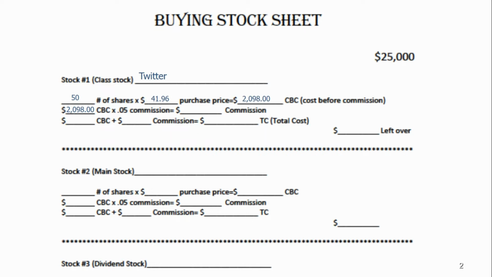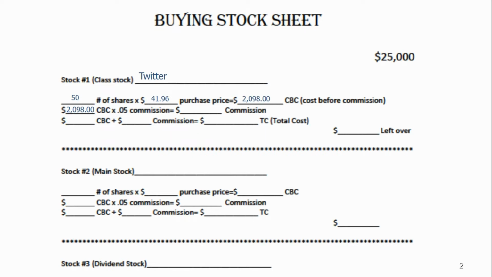Now, to find out how much you're going to pay your stockbroker, you're going to multiply $2,098 by 5%. In decimal form, that is 0.05. This is one of the things that people will get wrong most often. Instead of doing 0.05, they will do 0.5. And then you're going to get $1,049.